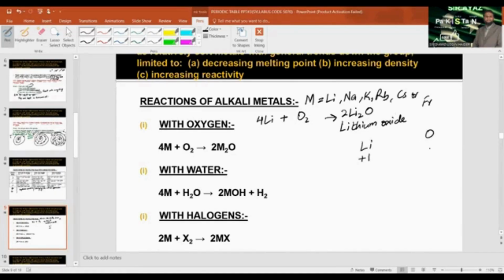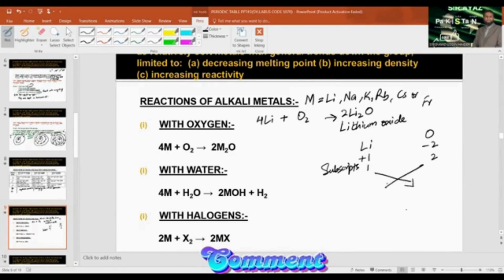Oxygen is in group 6. The valency of group 6 is -2. Ignore the charges: 1, 2. Now these will be subscripts. Subscripts will be exchanged. So you'll get Li2O. In this way, you'll get the formula Li2O, lithium oxide.